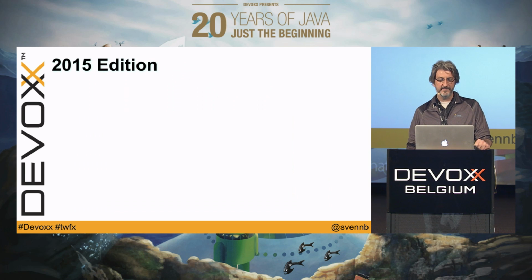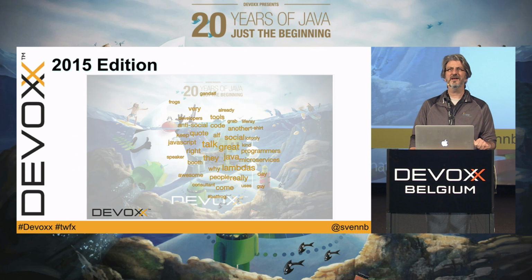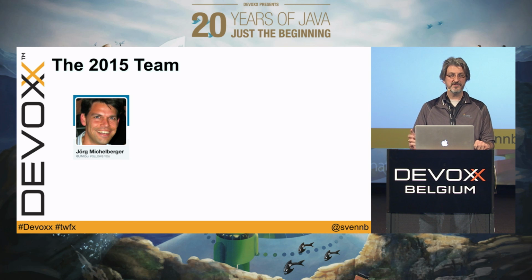And now the 2015 edition. I think it looks even better. We got better at styling and managing CSS for the application. It was really a challenge getting the very colorful background running. And thanks to the team.